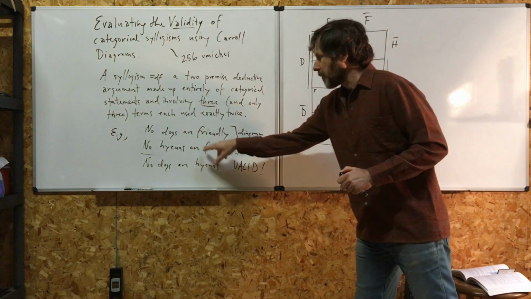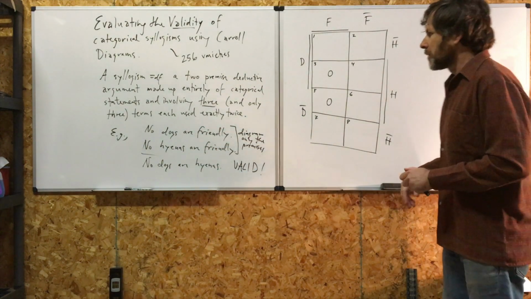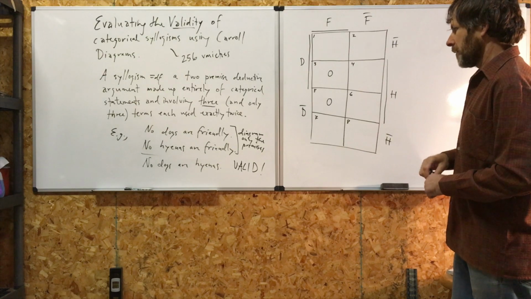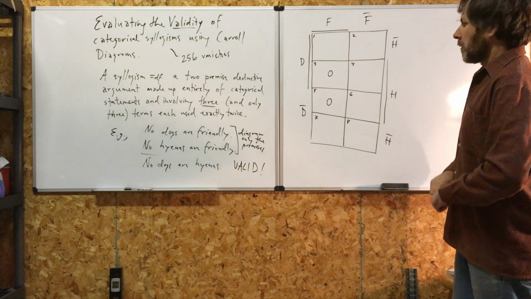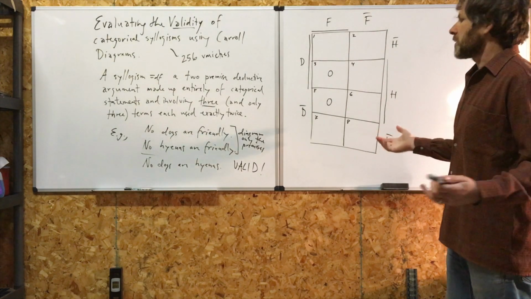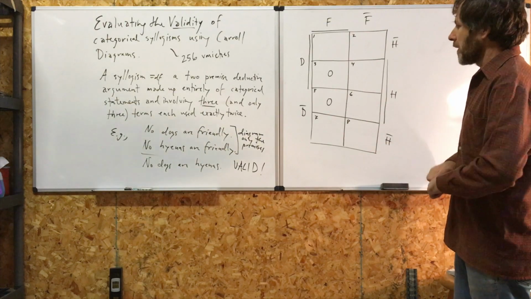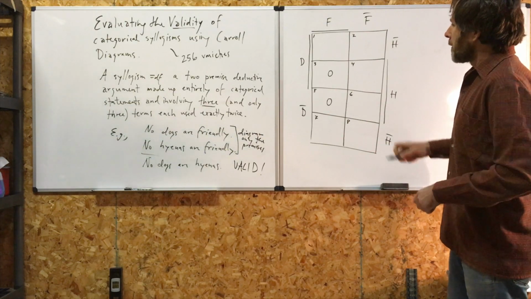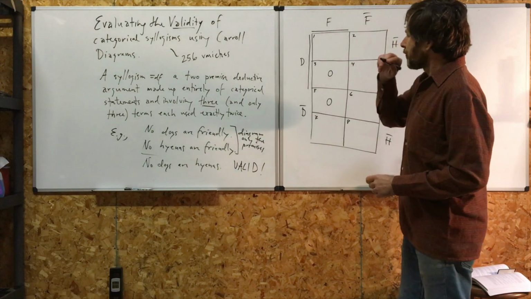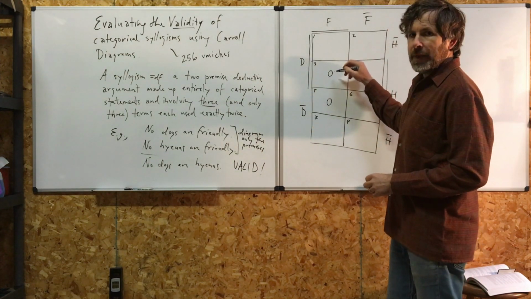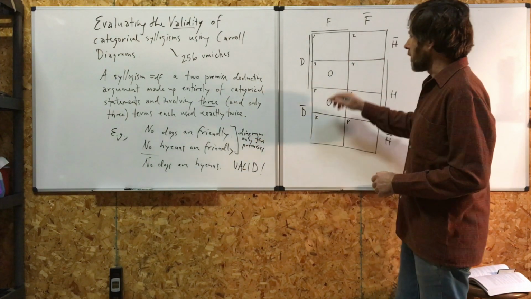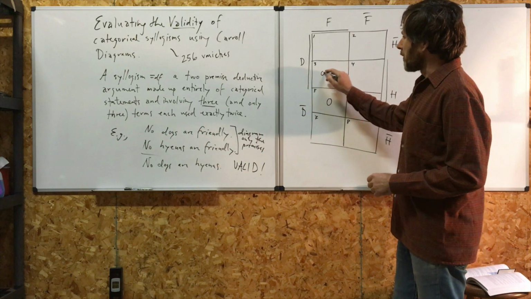But now let's diagram this one. It says, no dogs are friendly. Okay? So, false, but in any case, that's what this argument says. You're going to put zeros in 1 and 3. Now, we've already diagrammed the second premise right there, so you don't need to put another zero there.